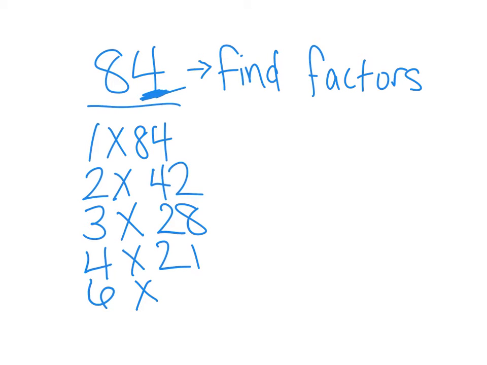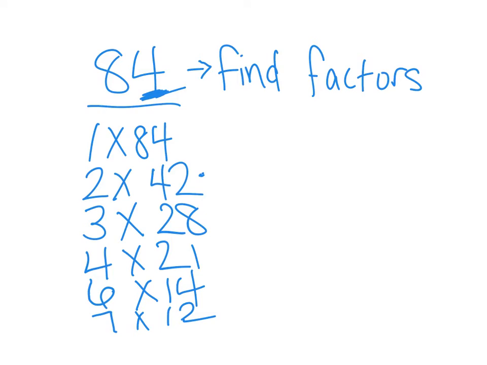You would just skip count because there's not a rule that we know right now. 6 times 14 and 7. Well, actually, you know that 6 goes into 42, so you know that it's going to be a factor. And 7 goes into 42, so 7 times 12.